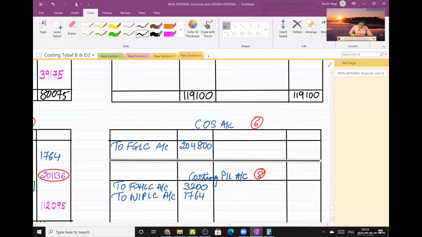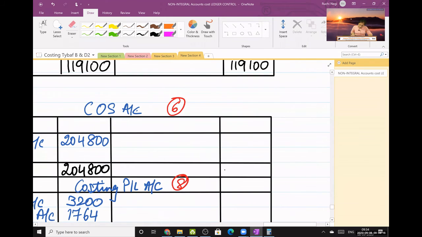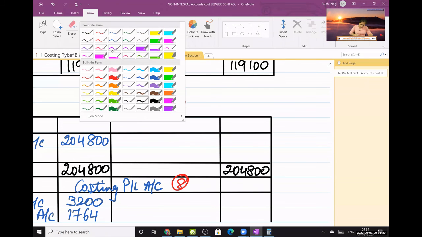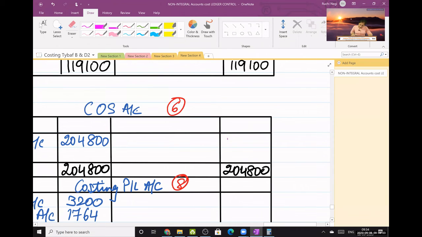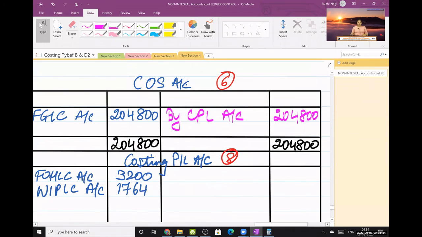Just close the ledger. 2,04,800. 2,04,800. Balancing figure is also the same. This will go to CPL. 2,04,800.